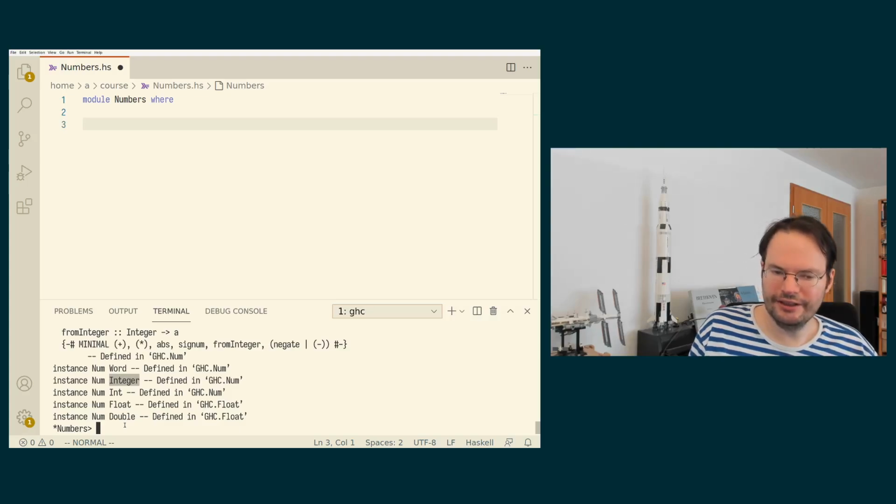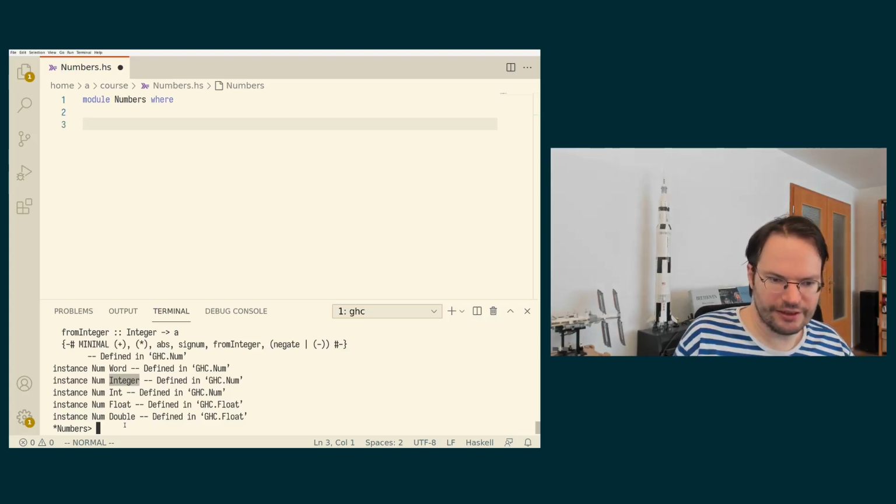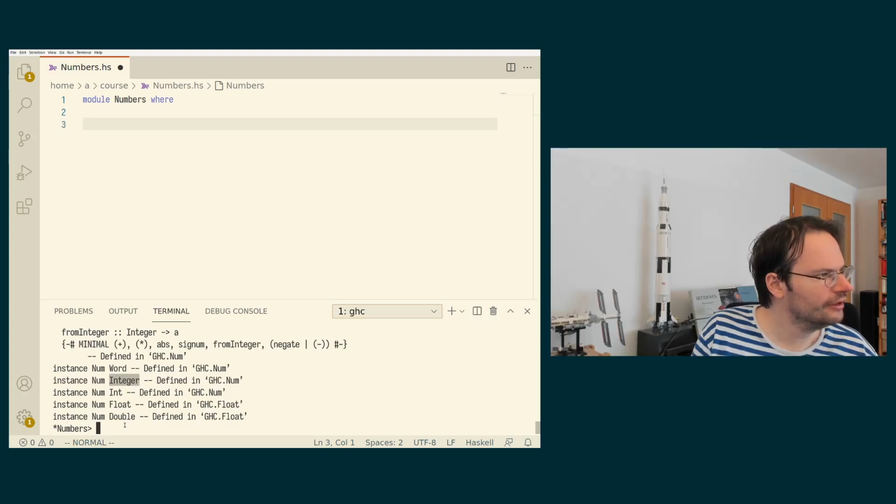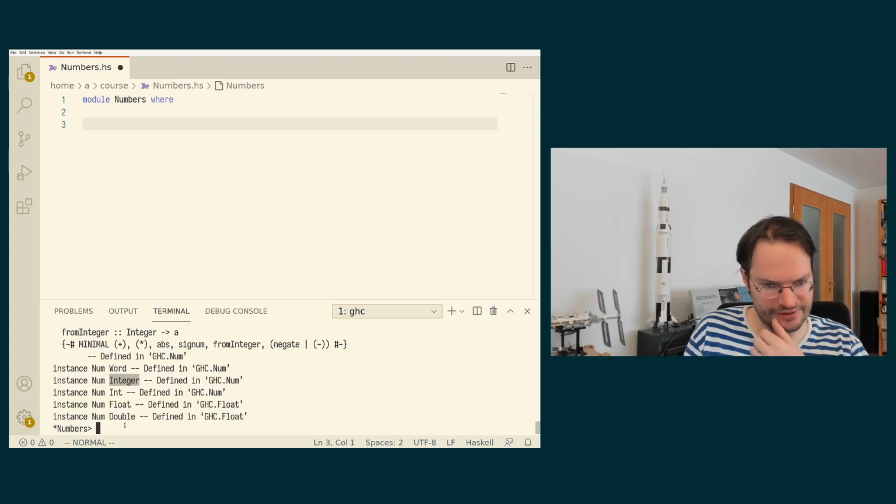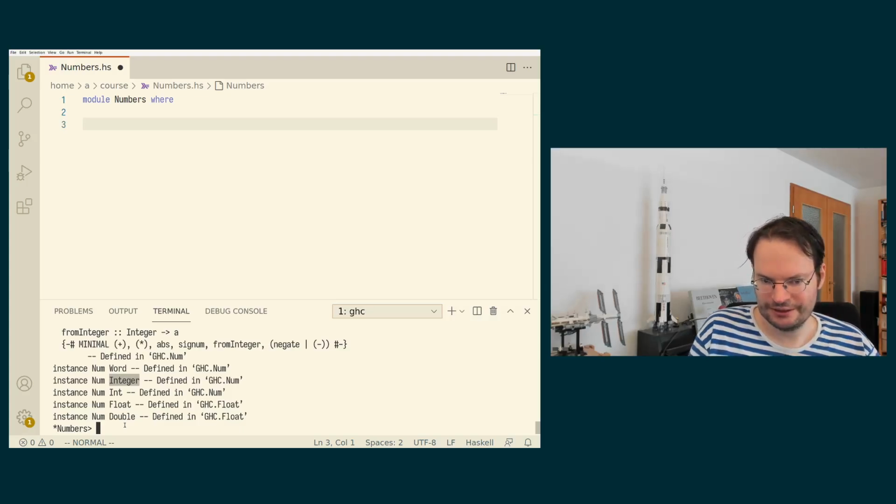So an Int is a 64-bit bounded integer, with overflow and whatever, a signed 64-bit integer on today's machines. In fact, I think the Haskell standard is only saying that it must be at least 32 bits. But these days, I think it's mostly consistently 64-bit.